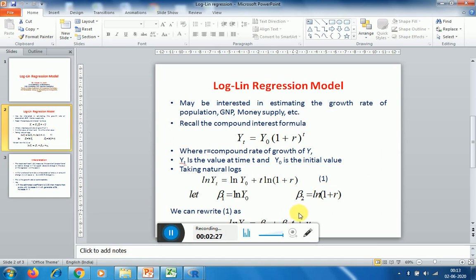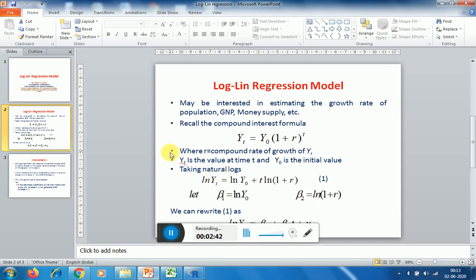So this is called the log linear regression. In this log linear regression, beta 2 is the semi-elasticity coefficient, or we can call this the slope coefficient.